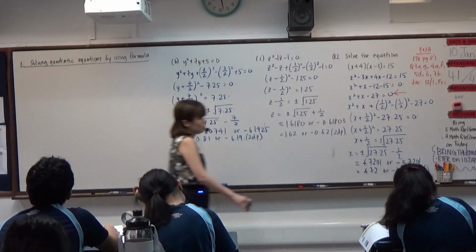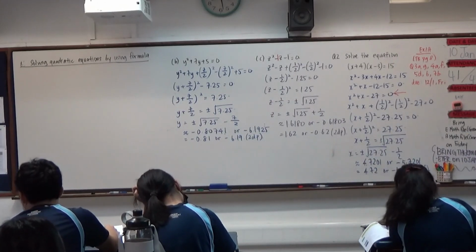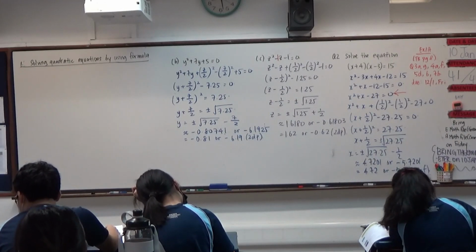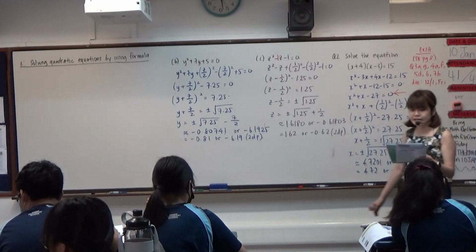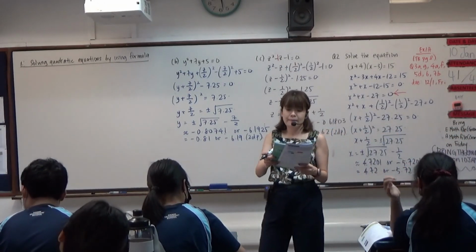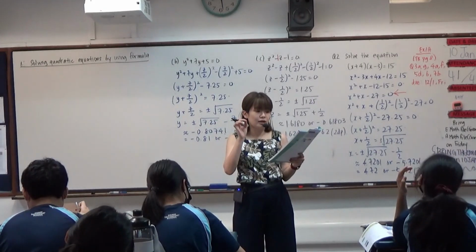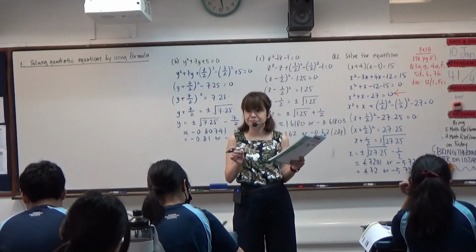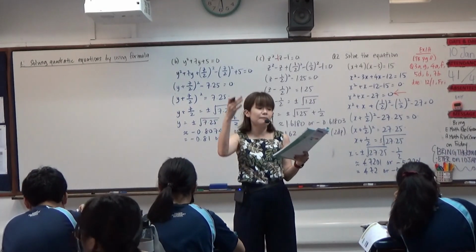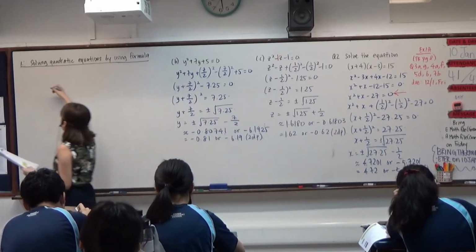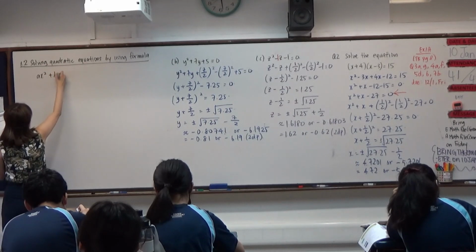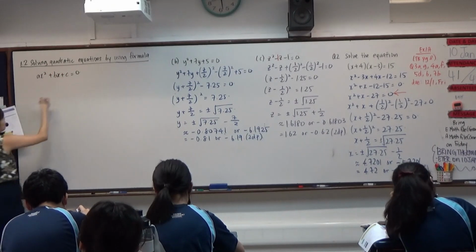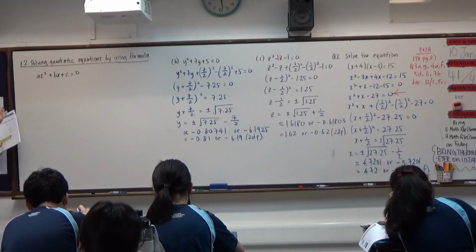I don't want to dwell too much time on it, but you can read the proof itself on page 9 of your textbook, whereby it shows how the formula is derived. It's really about taking your generic quadratic equation, factorizing out the a, and then continuing with completing the square.